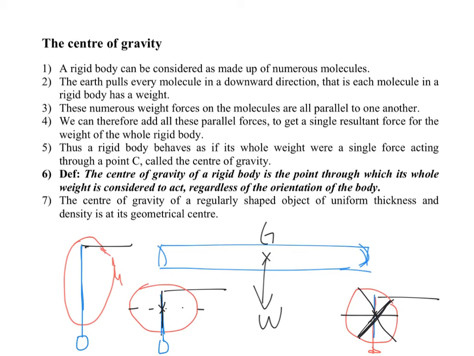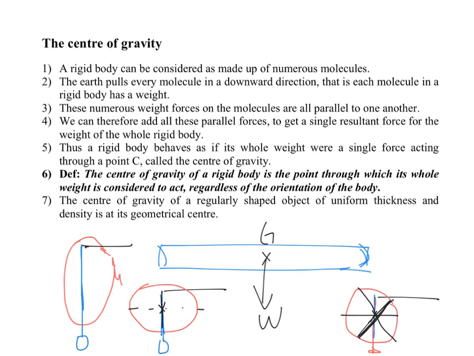Now, you must also know this: if it is a uniform object, meaning it has a constant cross-sectional area and the density is constant throughout, then your center of gravity must always be at the geometrical center. That means half the length, half the thickness, and half of every linear dimension.